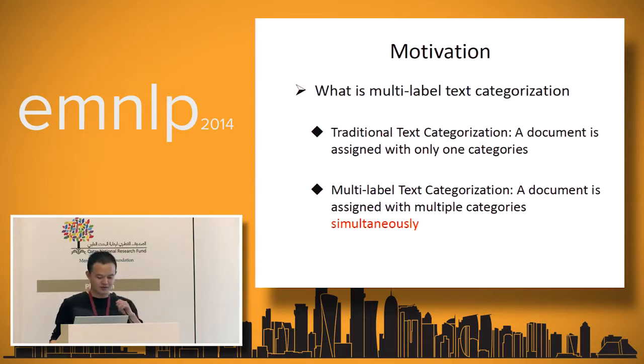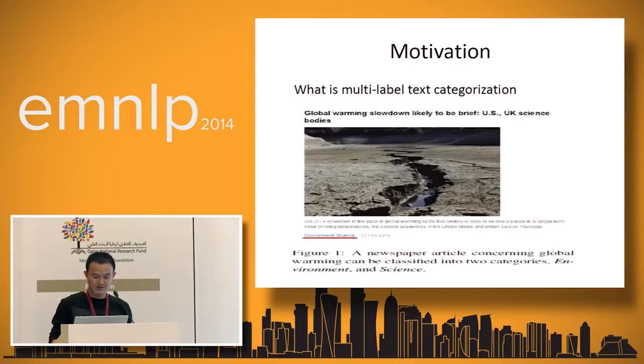In traditional text categorization, a document is only assigned one category. But in multi-label text categorization, a document can be assigned multiple categories. Here is an example.